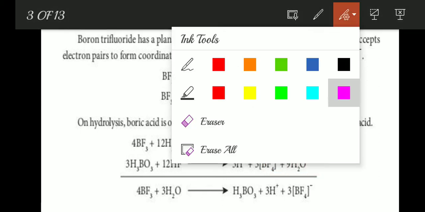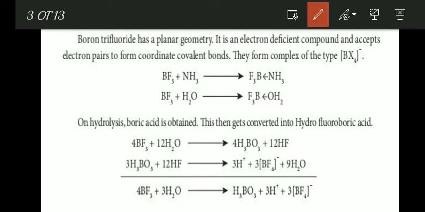Listen, my dear students. Hydrolysis of boron trifluoride forms boric acid and HF, which are converted into H plus ion, BF4 minus ions and 9H2O.